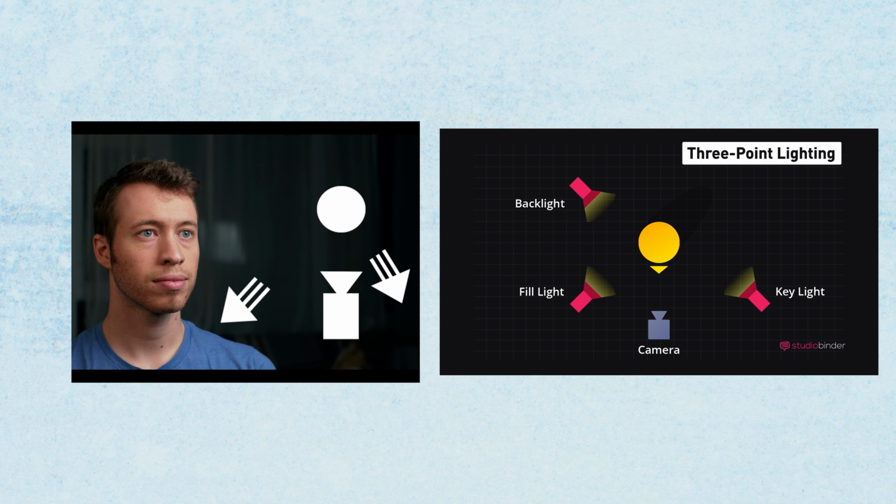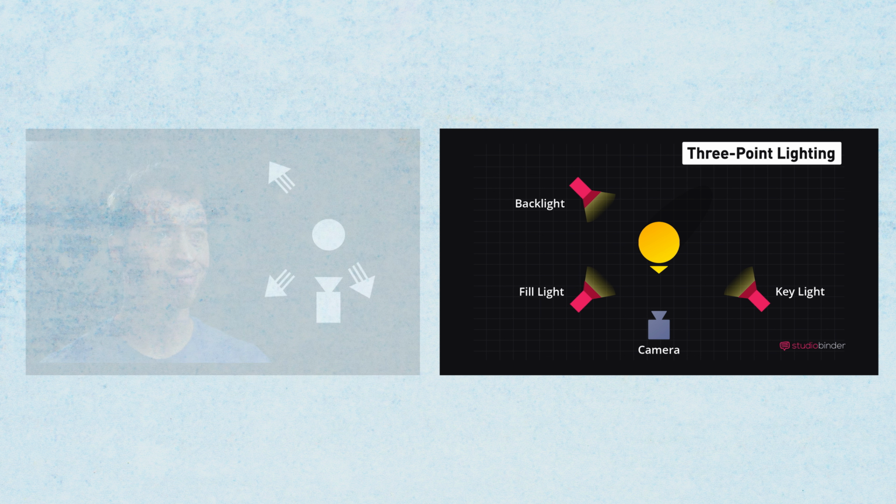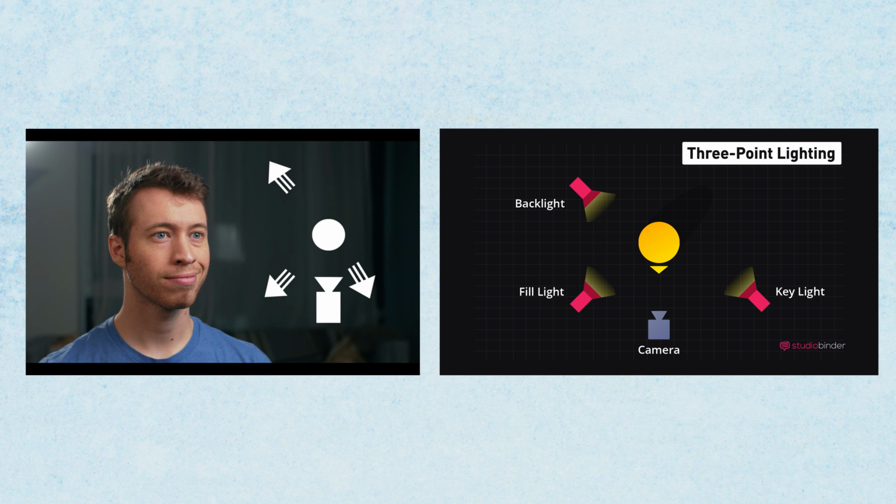The fill light, which is your second light, has to mirror the key light. And then you have your backlight, which can also be called your rim light or your hair light. This is what illuminates the subject from behind and separates subjects from your background.